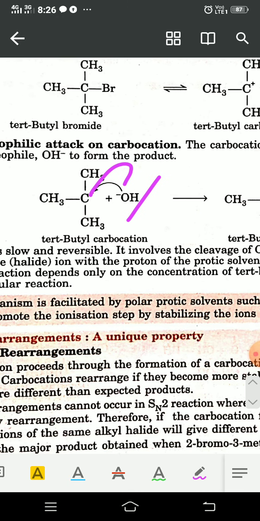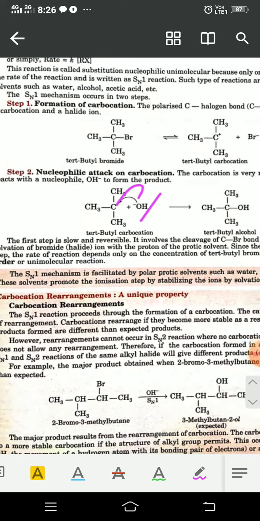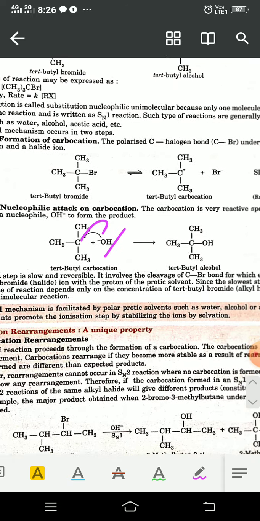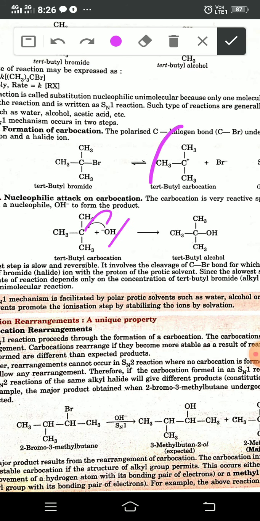Since SN1 reaction takes place through the formation of carbocation, and you know that tertiary carbocation is more stable than secondary, which is more stable than primary, in this case the reactivity of alkyl halide is just the reverse of SN2, because here the tertiary carbocation forms very easily.